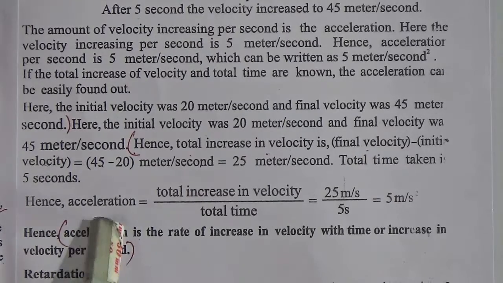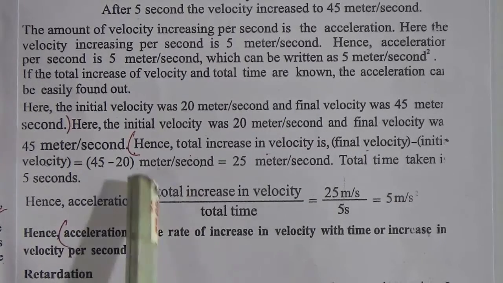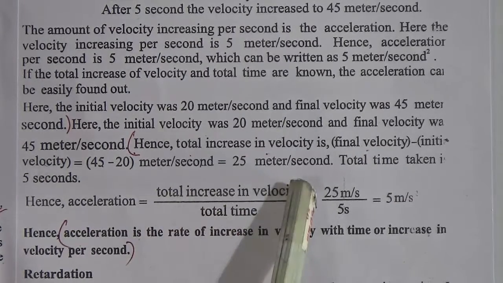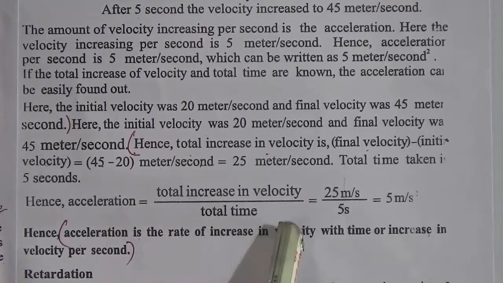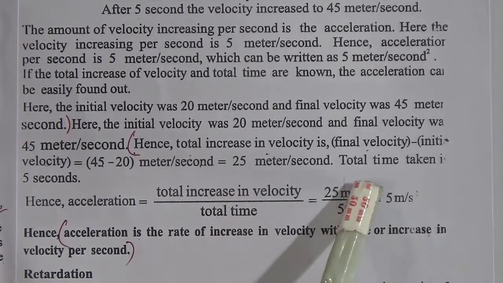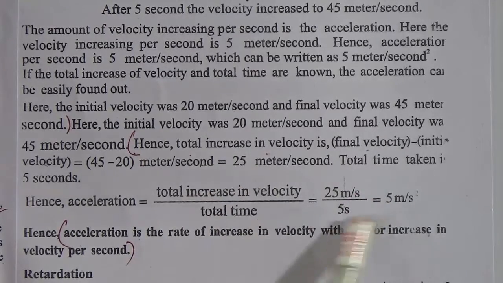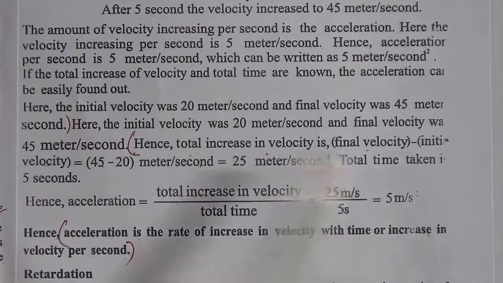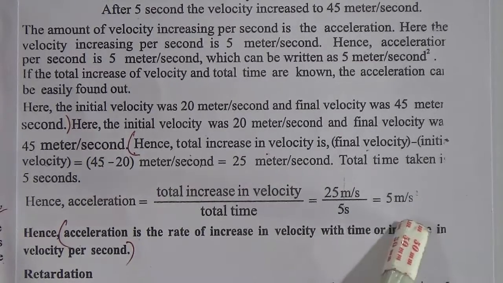Hence acceleration is the total increase in velocity divided by the total time. That means how much time it takes to increase its velocity. So the total increase in velocity is 25 meters per second and the total time is 5 seconds. So we find the acceleration is 5 meters per second squared.